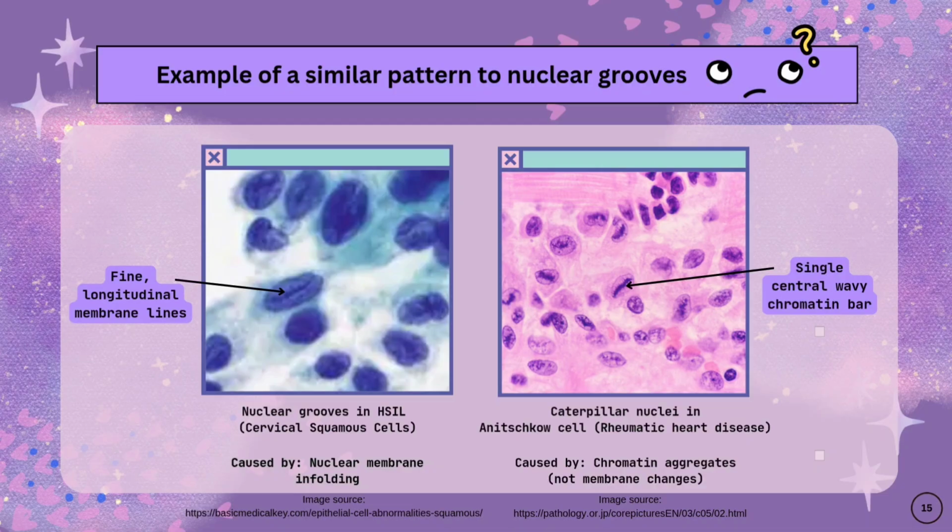Nuclear grooves, on the left image, are more fine longitudinal membrane lines and are usually caused by nuclear membrane infolding. For the caterpillar nuclei, the appearance is a single central wavy chromatin bar that is usually caused by chromatin aggregation, and it is not due to membrane changes.